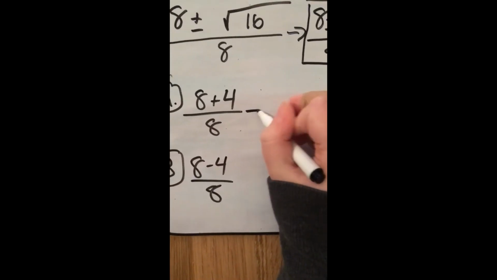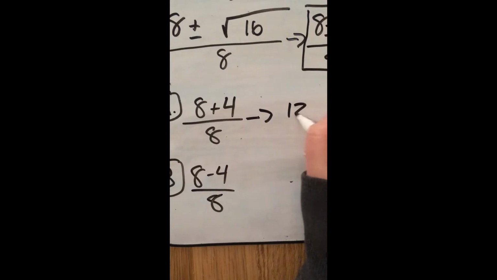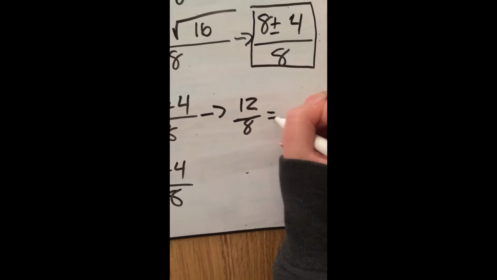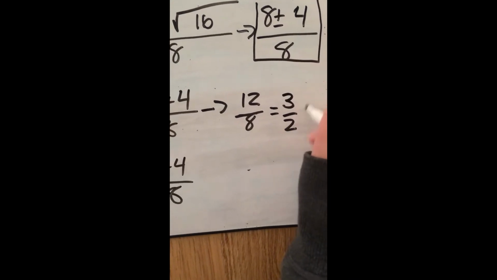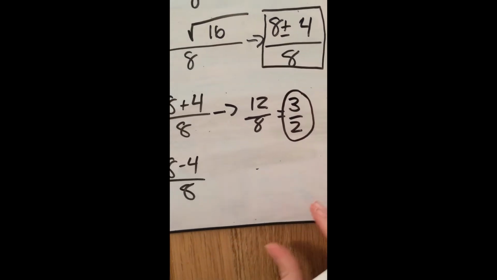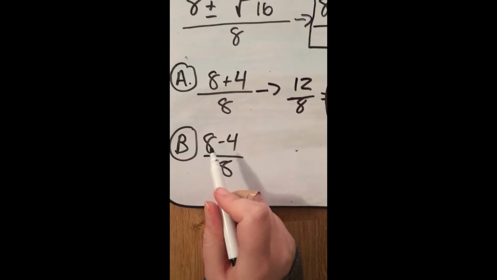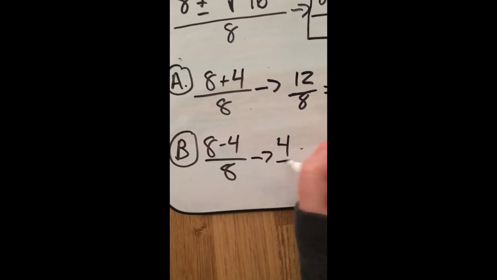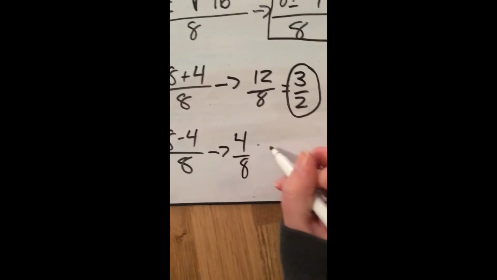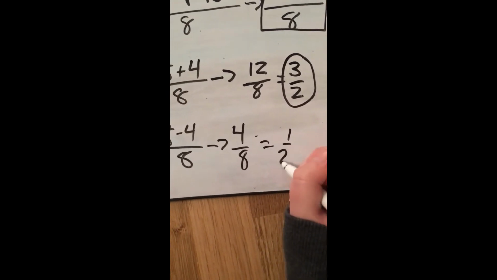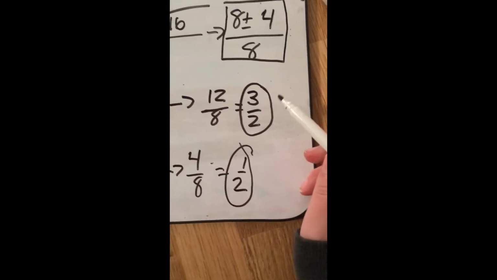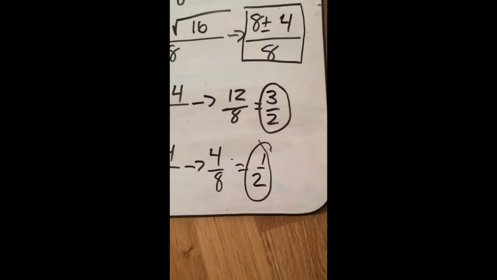We simplify that to 12 over 8, and we want the simplest fraction, so 3 halves. Then 8 minus 4 simplifies into 4 eighths, which is also 1 half. So those are our two solutions: 3/2 and 1/2.